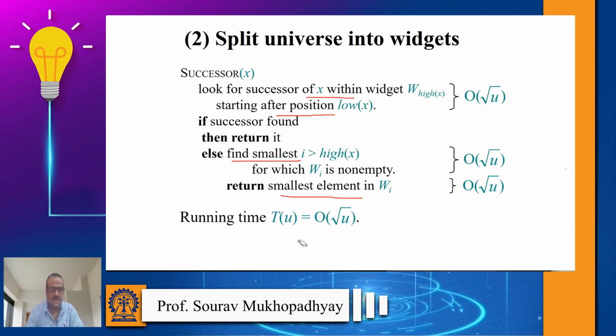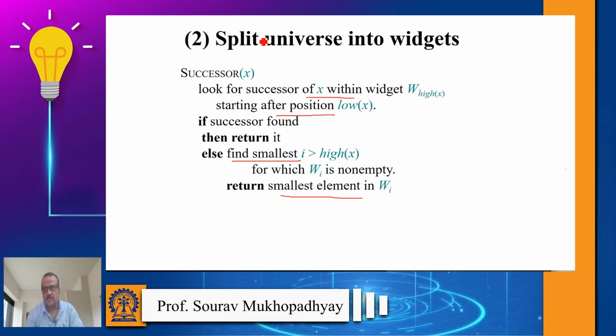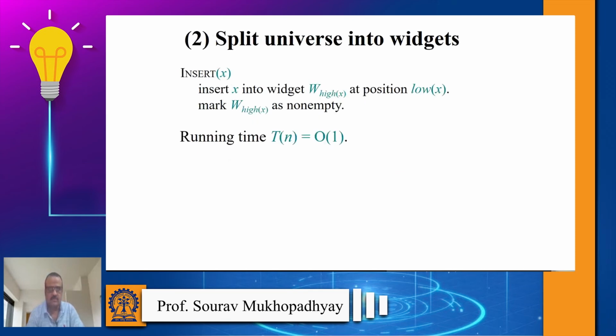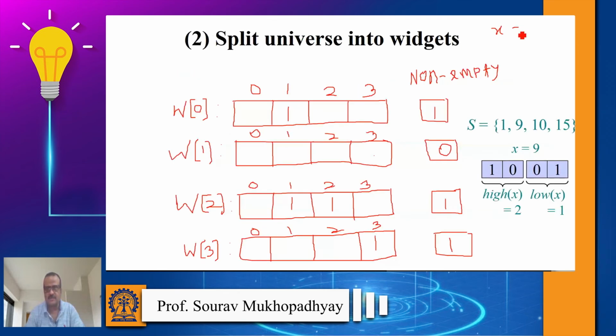Yeah, high of x is basically... I'll explain here. Suppose we are finding the successor of say 6. For that, we represent 6 in binary: 0, 1, 1, 0.